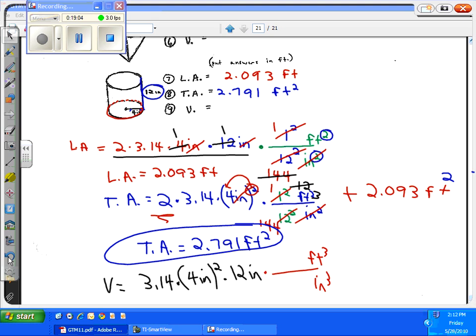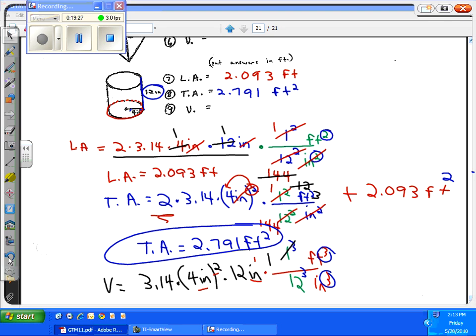We have inches squared times inches to the first, which is inches to the third. Volume is measured in cubic inches. The larger is feet. There's 12 inches in a foot, but we're dealing with cubic feet and cubic inches, and so we cube our conversion.